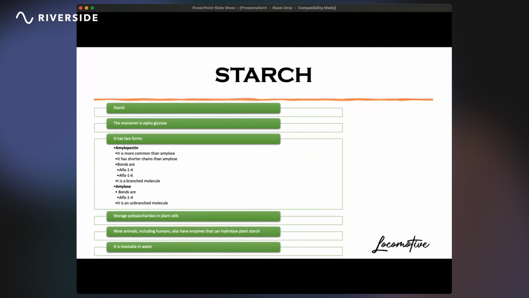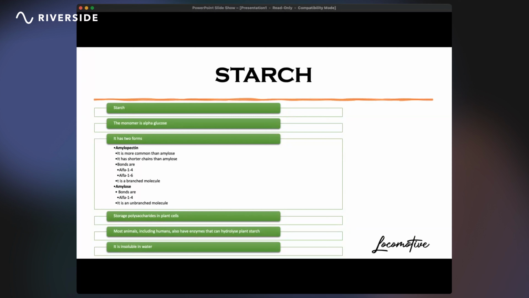So every time you see alpha 1,6, it means branches. And when you see alpha 1,4, it means the main chain of the molecule. So imagine that you have no idea that we are going to discuss amylopectin, and I mention that we have one polysaccharide, and the types of bonds are alpha 1,4 and alpha 1,6. Is it a branched molecule or not?